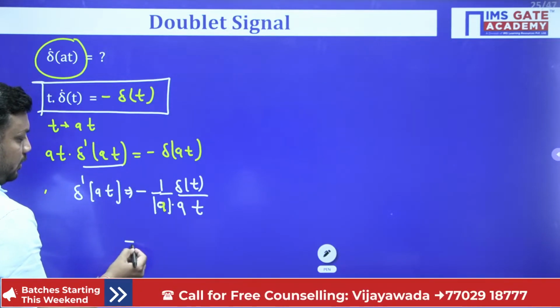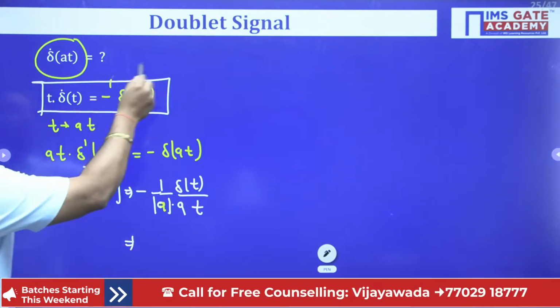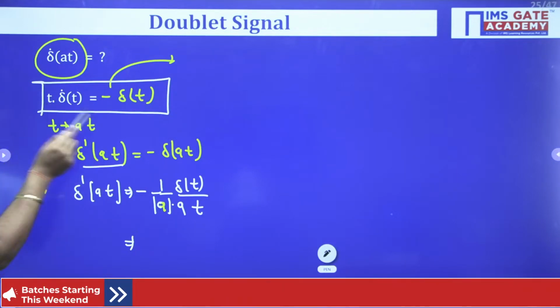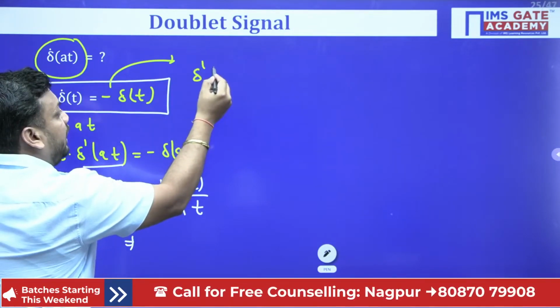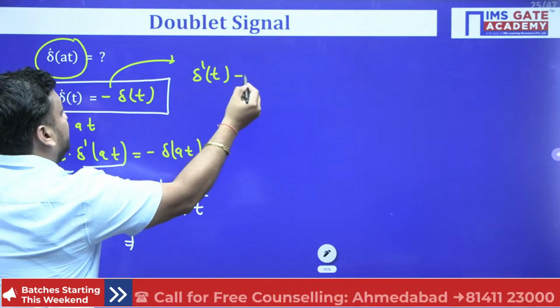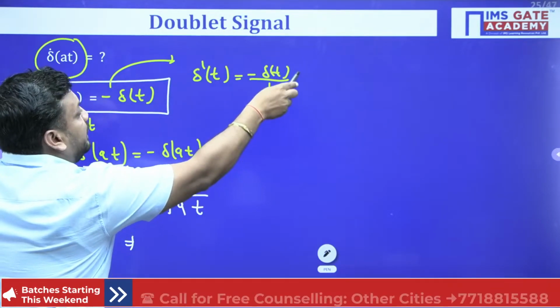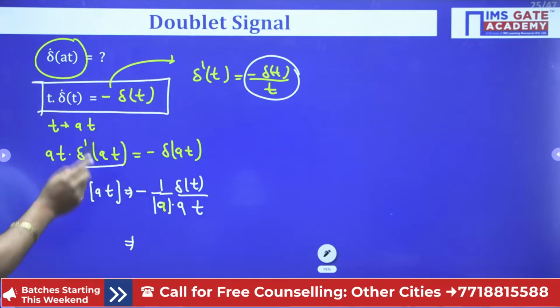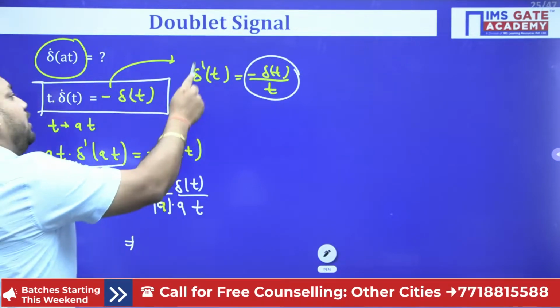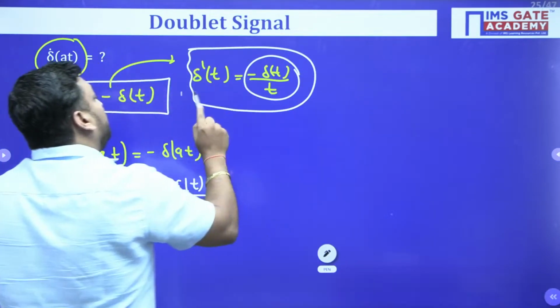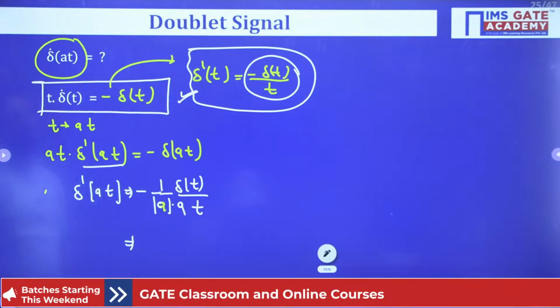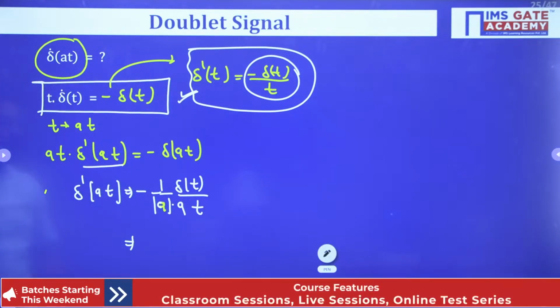Now from this, if I cross multiply this t, then I can also say that del dash t is nothing but minus a del t upon t. Minus a del dash t is equal to minus a del t upon t, yes or no? Is it clear or not, beta?